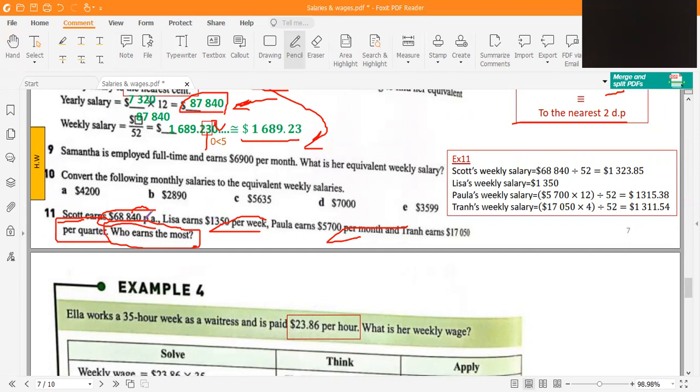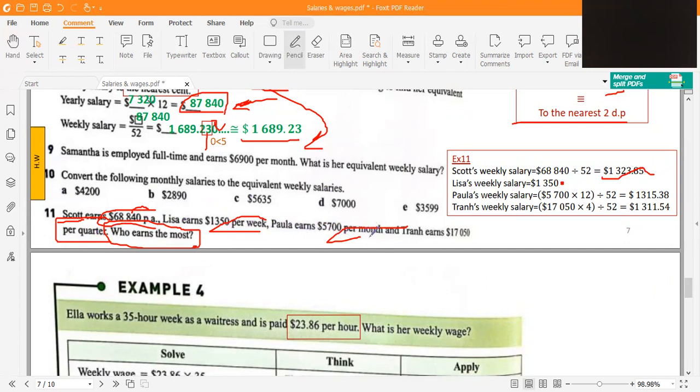Per annum, we divide by 52 to obtain the weekly salary. Lisa is per week, so it remains unchanged.